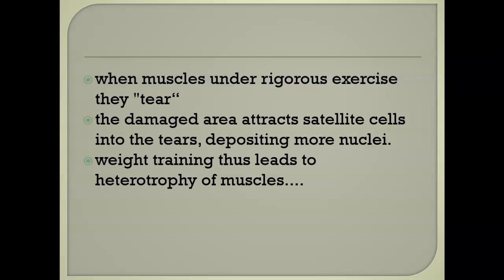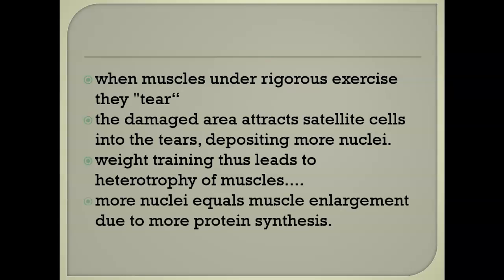So by exercising vigorously, you can get the myosin to increase. You get a hypertrophic growth of the muscle: more nuclei, bigger muscles because of more protein synthesis. Now you've got to put in the raw elements, the amino acids and the other things for it to build. But you have to do the exercise to get this to happen.